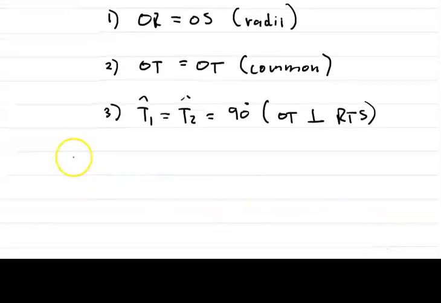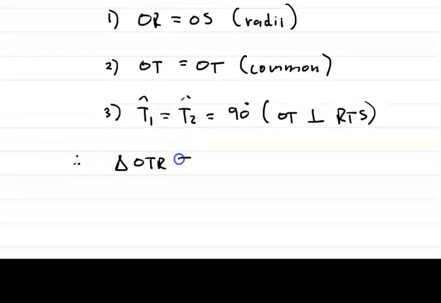Therefore, I can now conclude that triangle OTR is congruent to triangle OTS, and my reason will be 90 degrees, hypotenuse, and side.